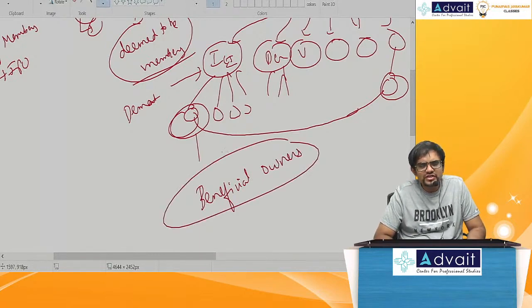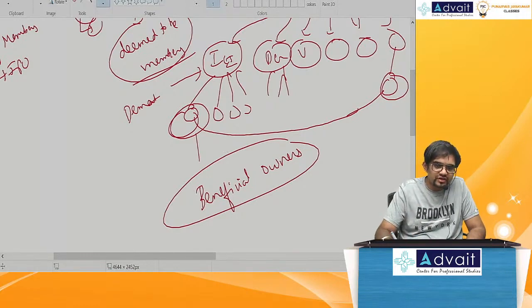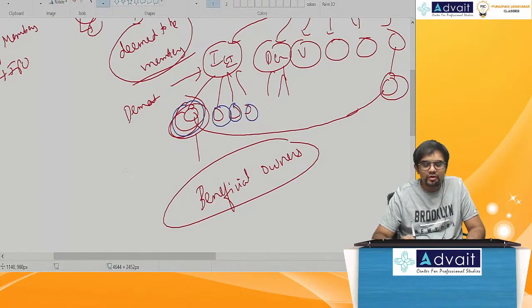Why will they be written as beneficial owners? Because the benefit will now go to them. That's why they are called beneficial owners. The benefit of each and every provision will go to them.